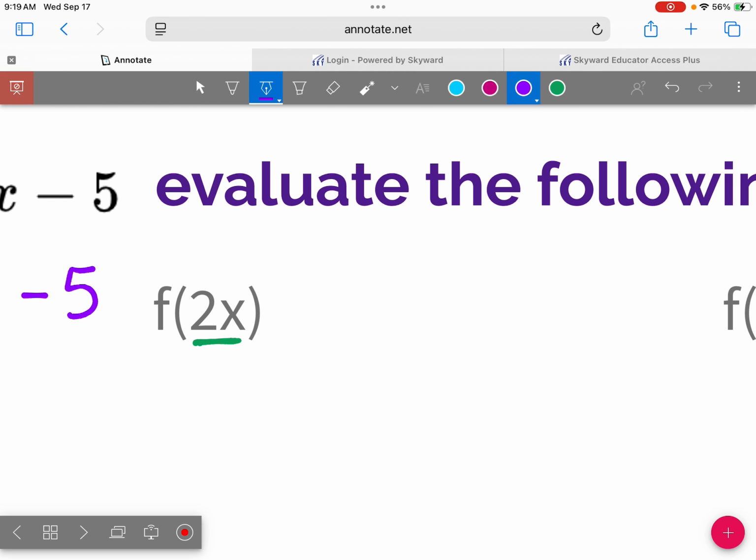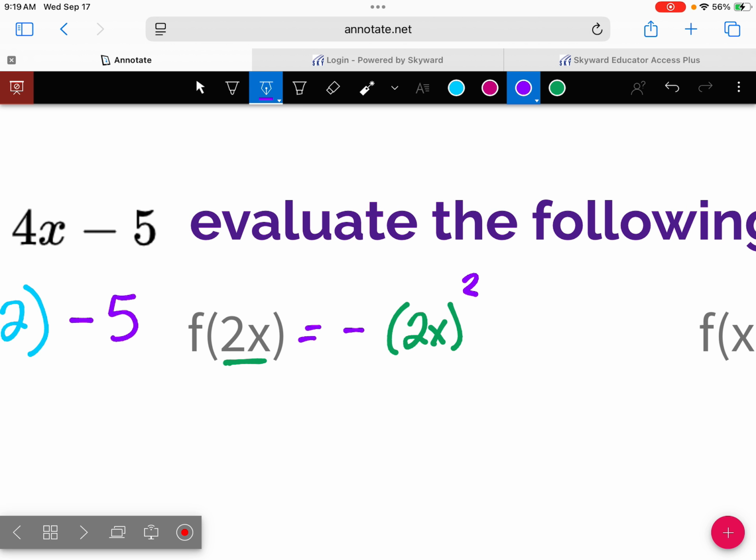We're still going to take and substitute in, we've got our opposite of 2x squared plus 4 times 2x minus 5. So we're still substituting that 2x in place of the x. And we're still going to simplify as much as we can. We would like to have no parentheses at the end of this.